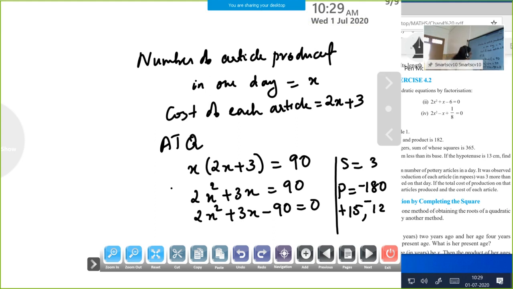Then 2x square plus 15x minus 12x minus 90 is equal to 0.